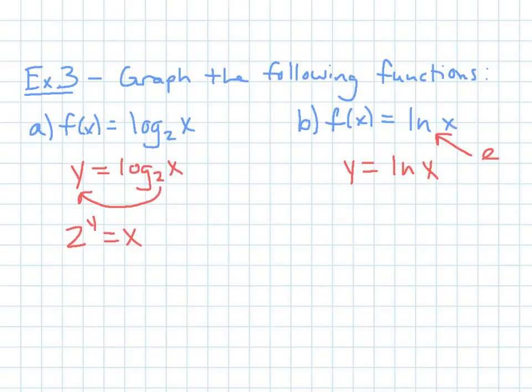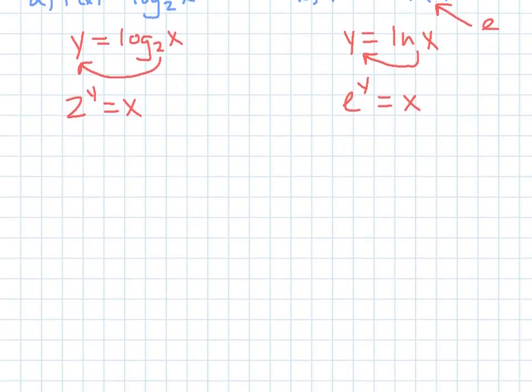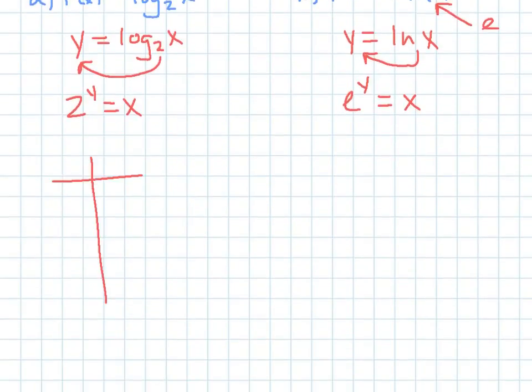Now you're plugging in y values to find x values. Same thing here. I'm going to move this base of e over, so it's going to be e to the y equals x. So now when I find these, I don't actually plug in anything for x, I plug in stuff for y, but the same properties hold. When I'm graphing exponential functions like I do before, I want to set them equal to 0.